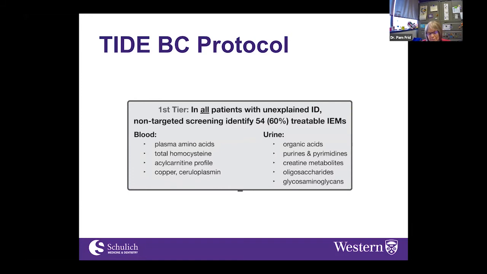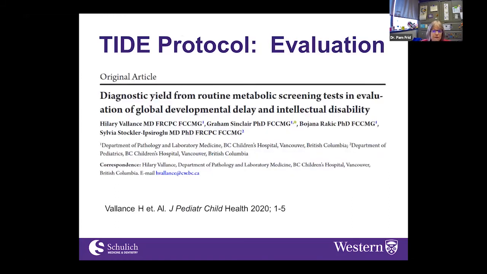This led in British Columbia to a lot of children that would never have been investigated before going through this full set of investigations. So the people who developed the TIDE protocol were actually quite disturbed that this protocol, which was still being evaluated, was now being recommended for widespread use in the country of Canada.